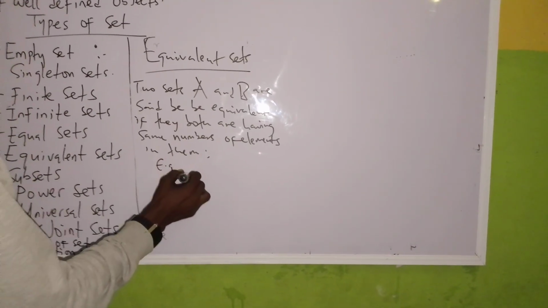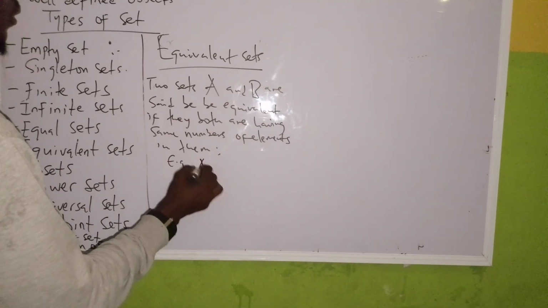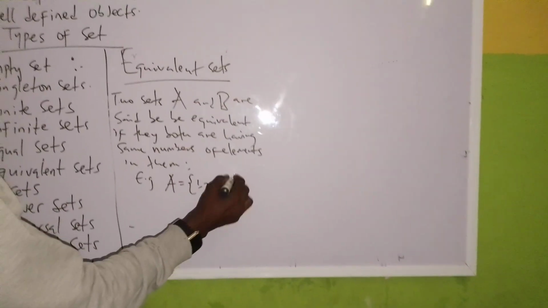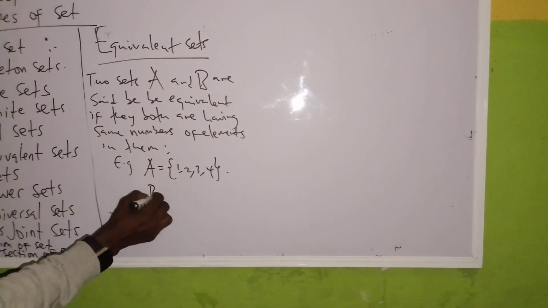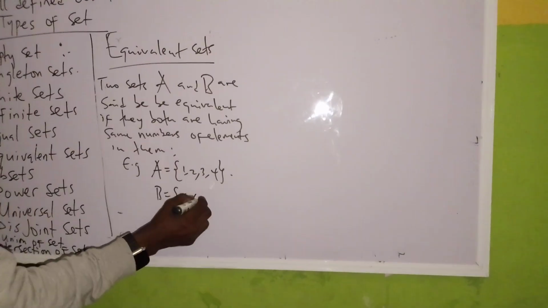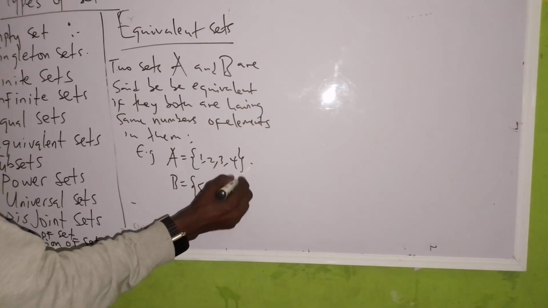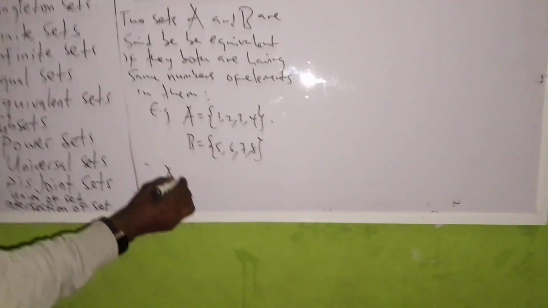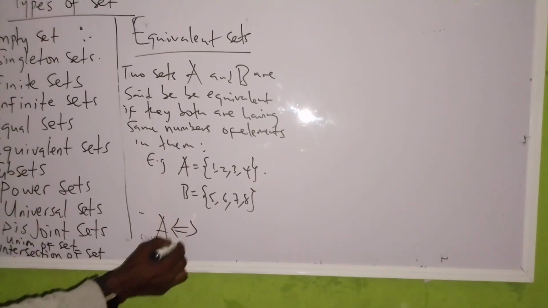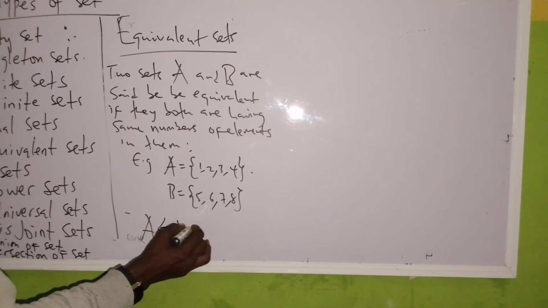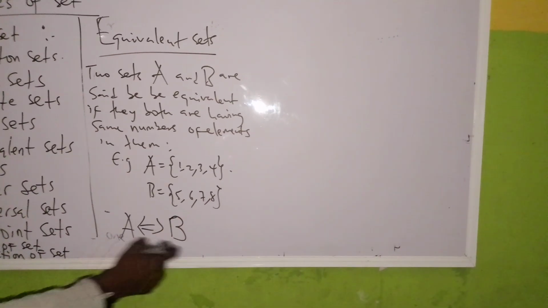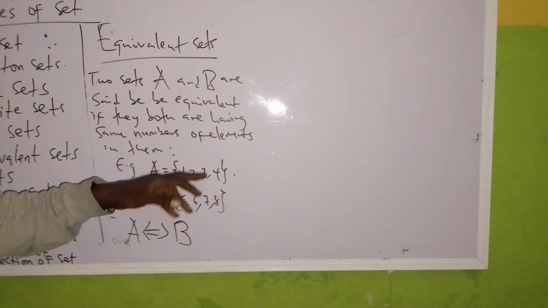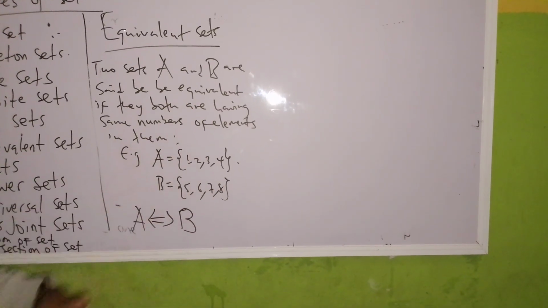For example, if A is equal to 1, 2, 3, 4, and B is equal to 5, 6, 7, 8, you can see clearly that A is equivalent to B. They are equivalent sets because they have the same number of elements, four each.